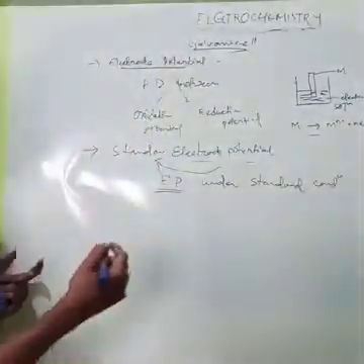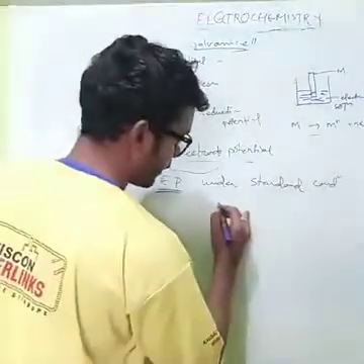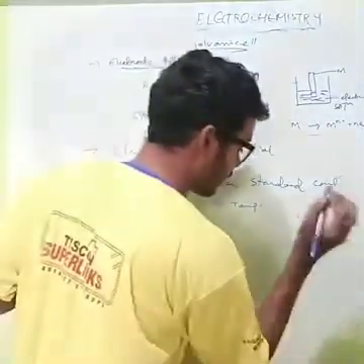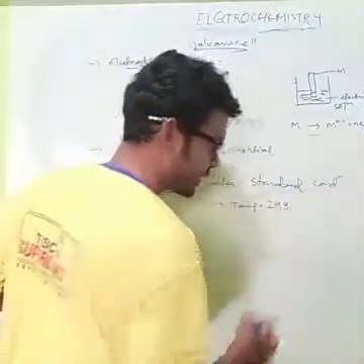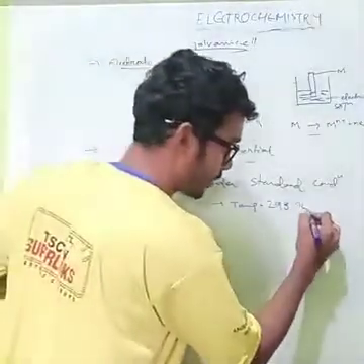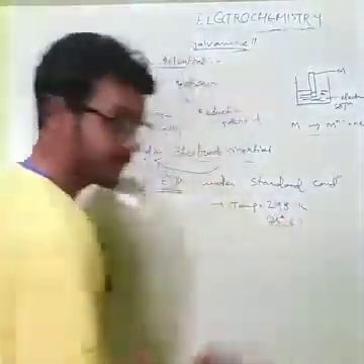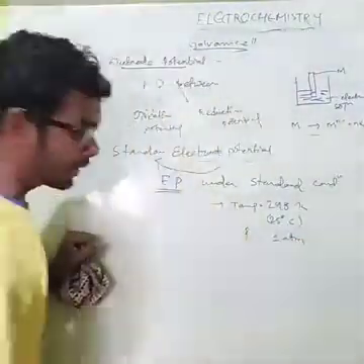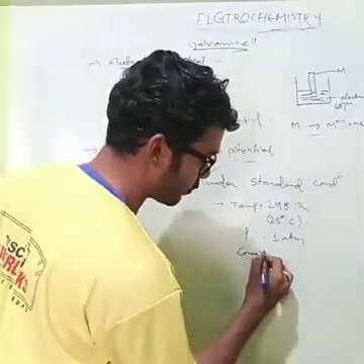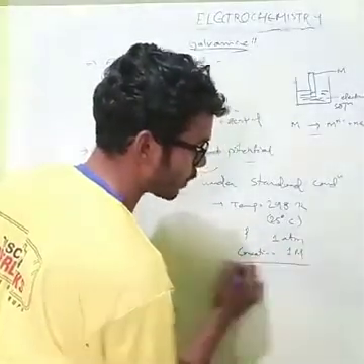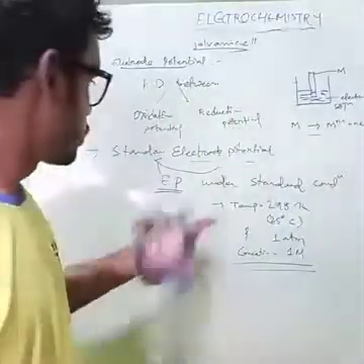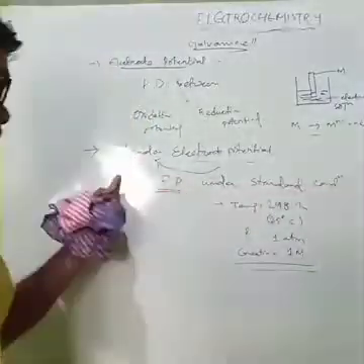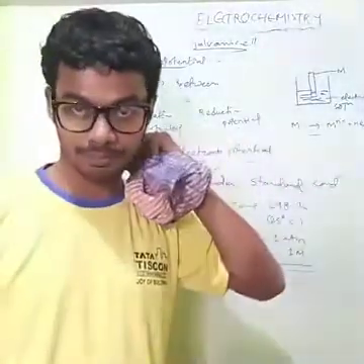You already know the temperature will be 298 Kelvin, not 273, meaning 25 degrees centigrade. The pressure will be 1 atm, and the concentration will be 1 molar. This is standard condition. So the electrode potential under standard condition is known as standard electrode potential.